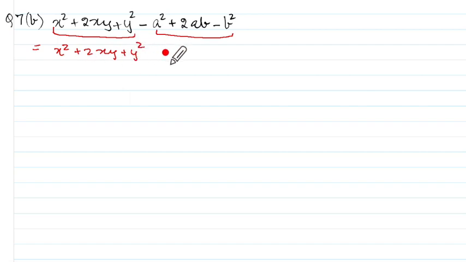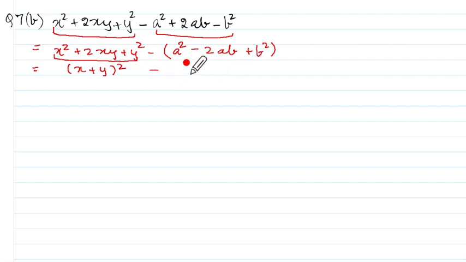We write this as it is, and minus into bracket it will be a squared, this plus becomes minus 2ab, and this becomes plus b squared, correct? Now this becomes a perfect square like this, and this becomes a perfect square like this. So this becomes the difference between two squares. So we will have the first bracket having this plus this.